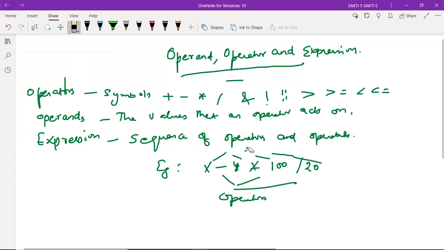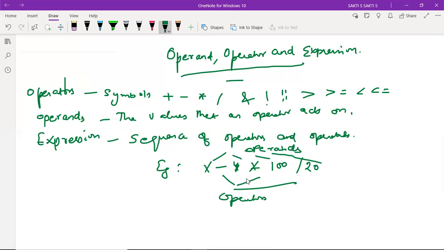So this I call operands. The sequence of operators and operands together makes up an expression. This is how you differentiate among the terms: operator, operands, and expression.